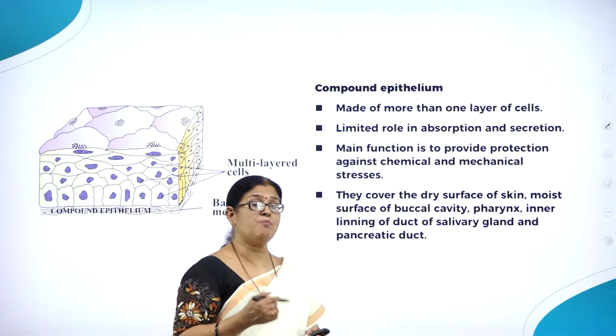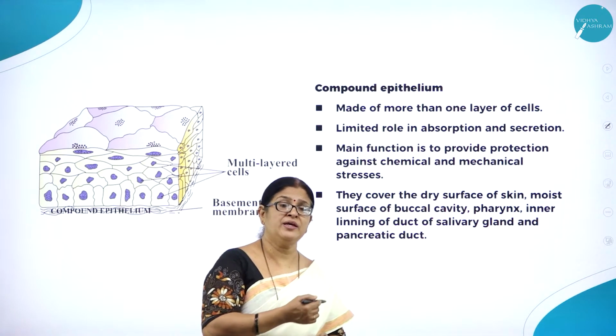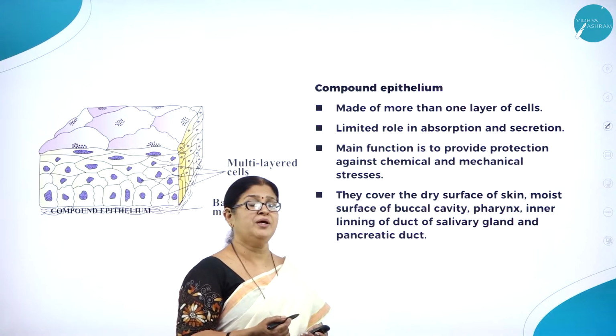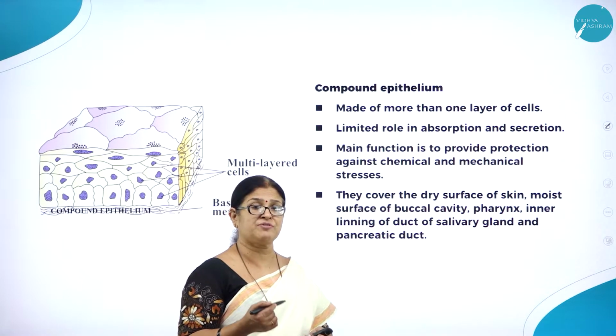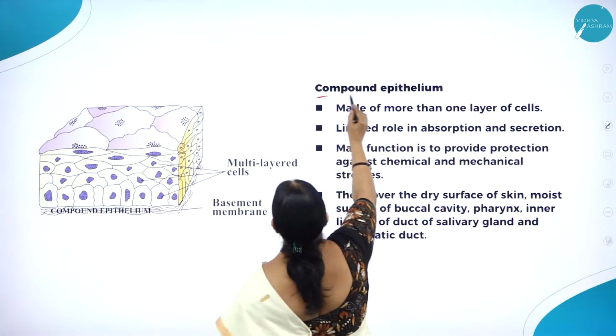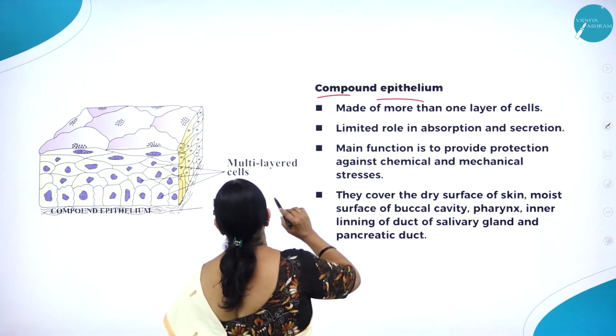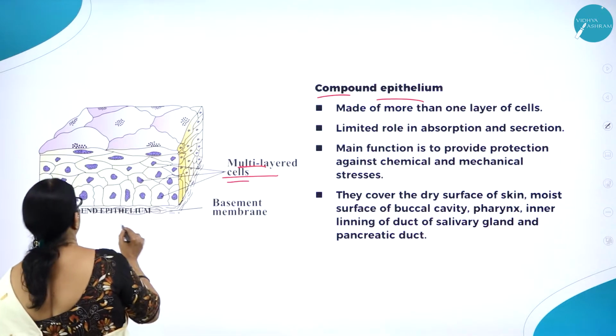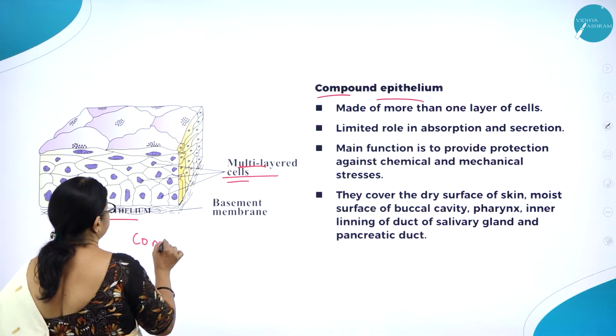Moving on to the compound epithelium. Those were the types we studied in simple epithelium. What is compound epithelium? It is made up of more than one layer of cells, hence the name compound, or we use the word stratified. Here you can see the multi-layered cells. This is a picture of a compound epithelium.